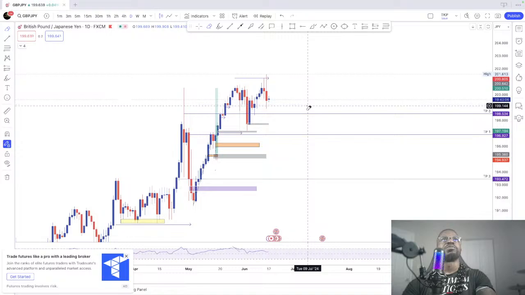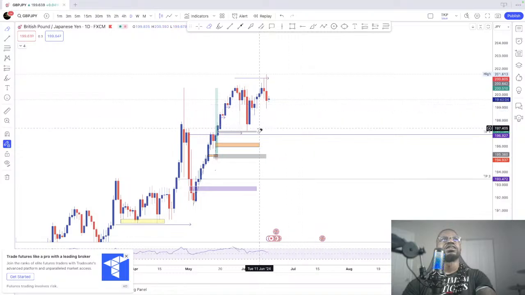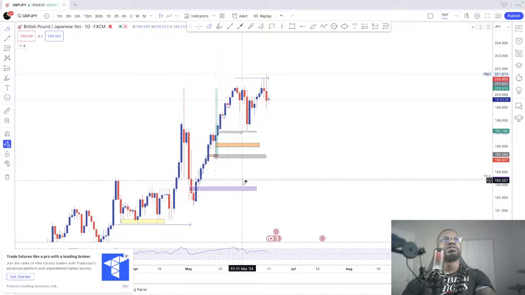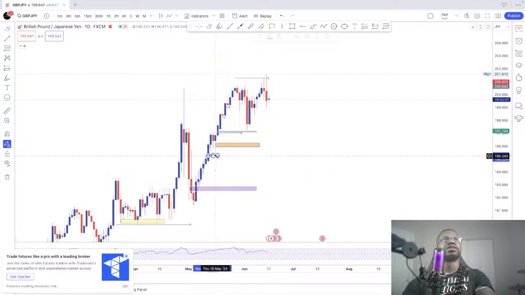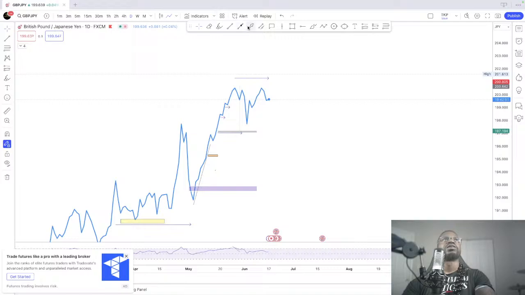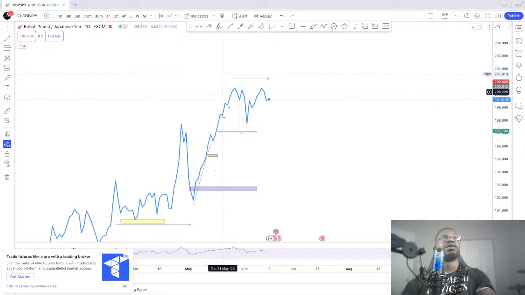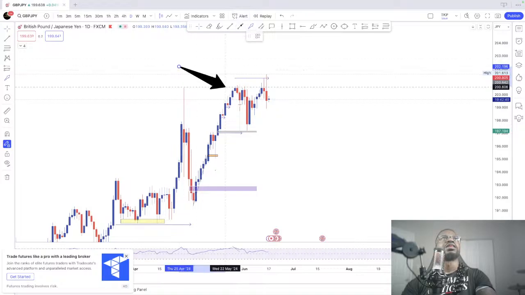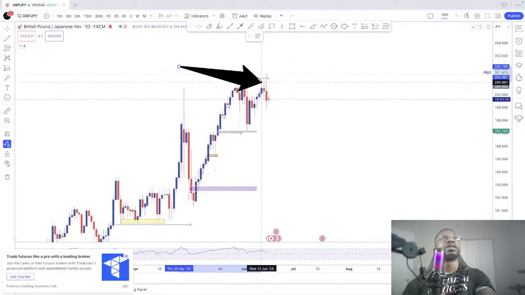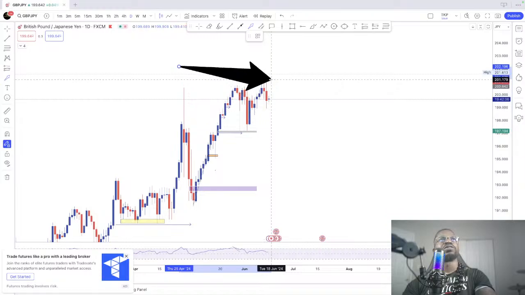I'll show you guys from the line chart, just in case you have a little difficulty spotting your reversal patterns. All right, so let me show you. Right here at the top, at the highs, we got a double top. As soon as this double top got retested by this move here on the daily, you have a strong wick rejection.